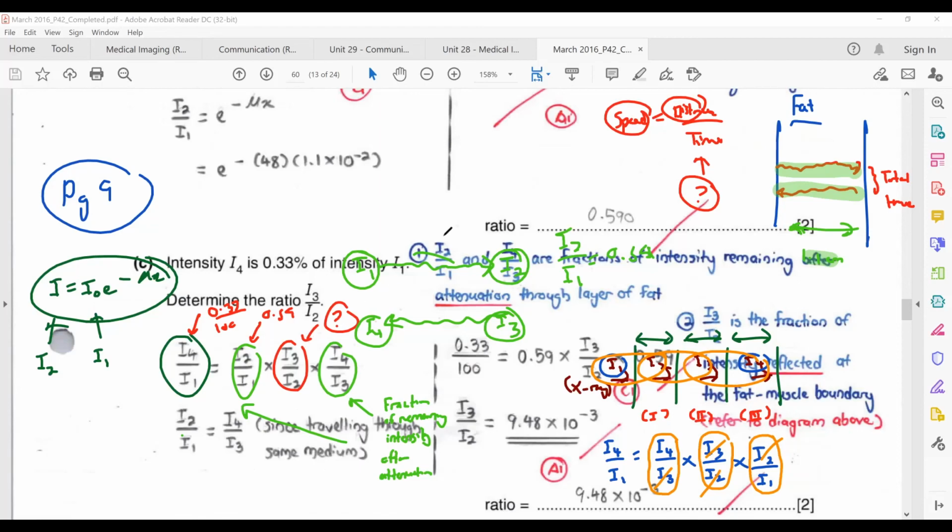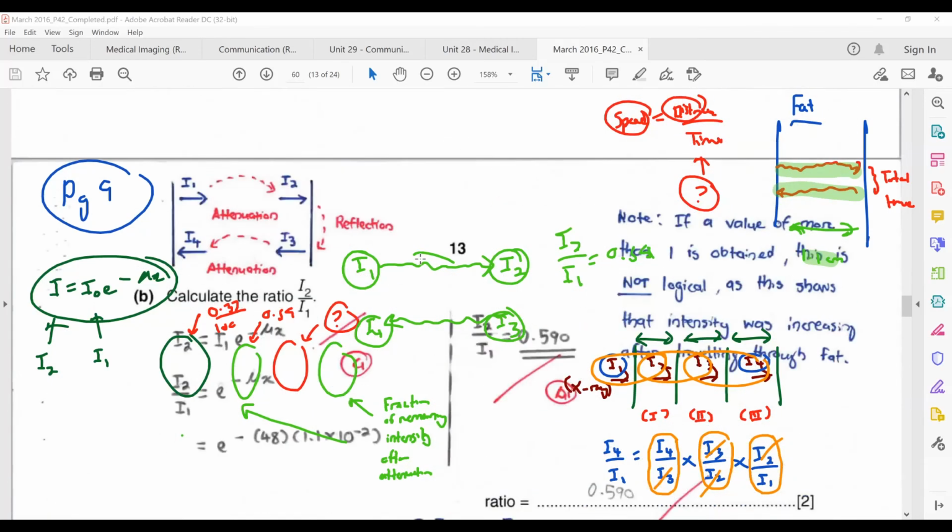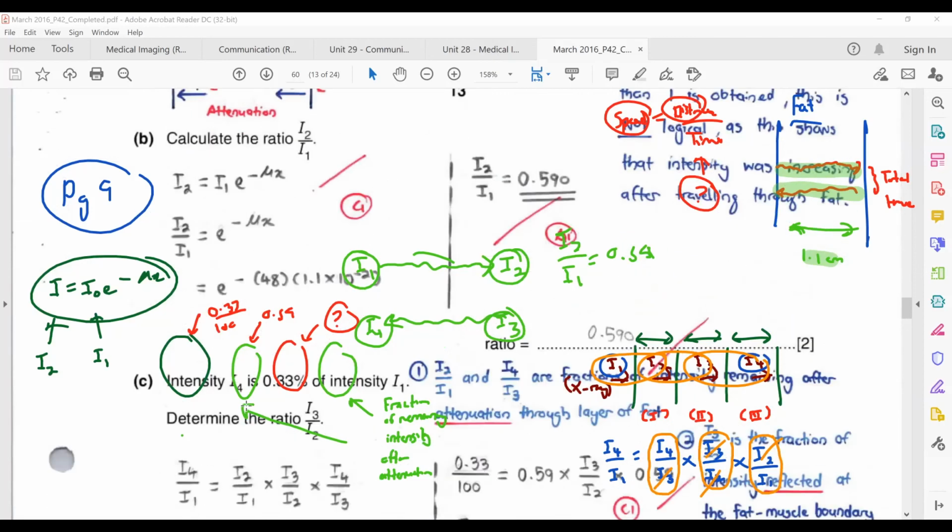If you look at your question just now, I3 is this one, I2 is this one. Just now I mentioned to you, this is your I2 hitting the boundary between your media. So you will have a portion transmitted and a portion reflected, right? So this one, I3 to I2, is actually your fraction of intensity reflected.